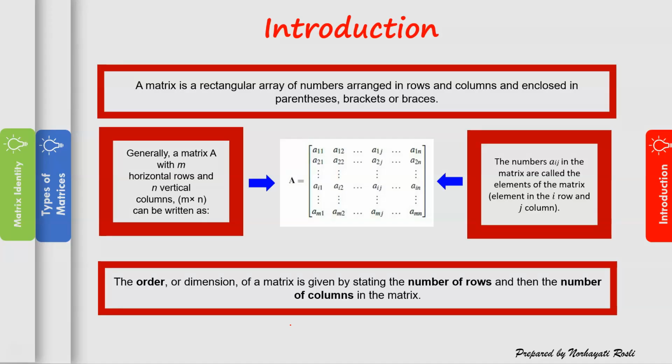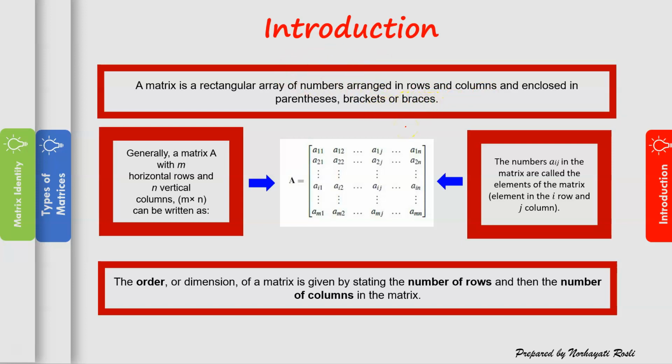Now we go to the introduction of the matrix. What does it mean by the matrix? You have learned before this, you always see this form. So this one we call a matrix. It is a rectangular array of numbers arranged in rows and columns and enclosed in parentheses, brackets, or braces.